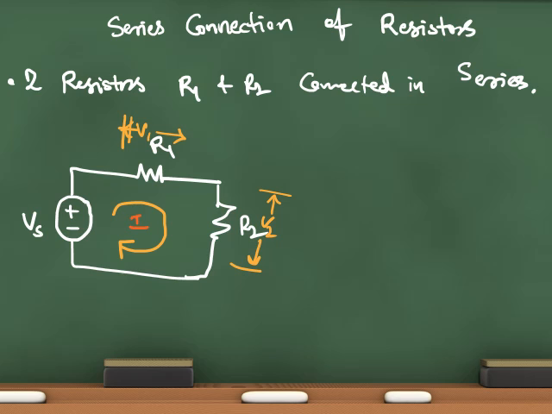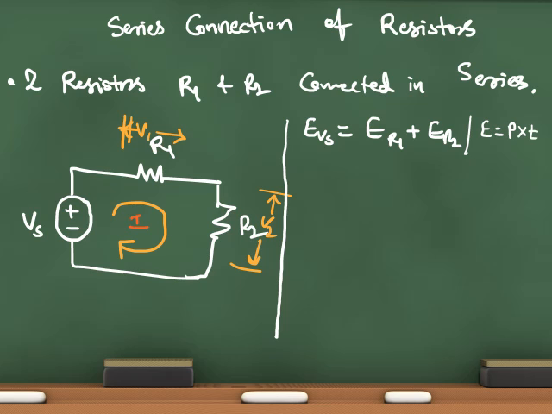Okay. Now, as per the law of conservation of energy, energy can neither be created nor destroyed. So the energy supplied by Vs equals the energy supplied to R1 plus the energy supplied to R2. In a given time, energy equals P into T. So for a duration of time T, it can be written as P source into T equals P of R1 into T plus P of R2 into T, and T gets cancelled.